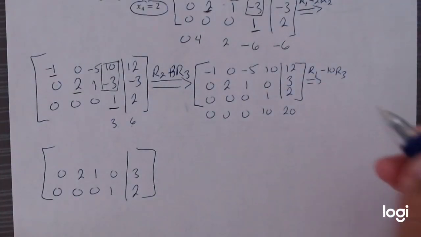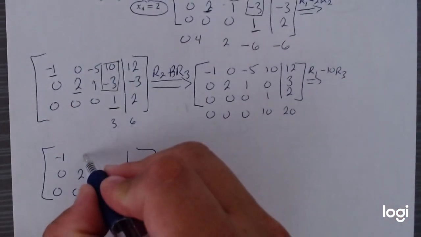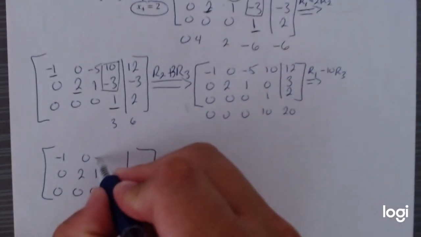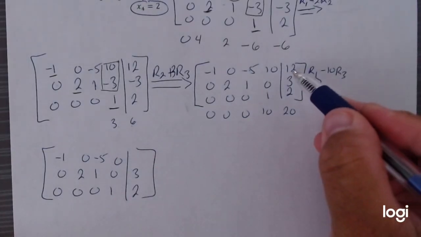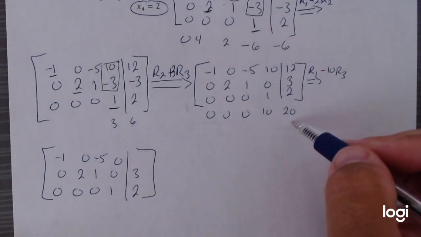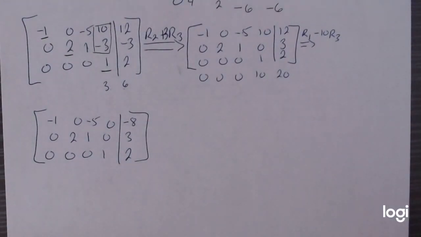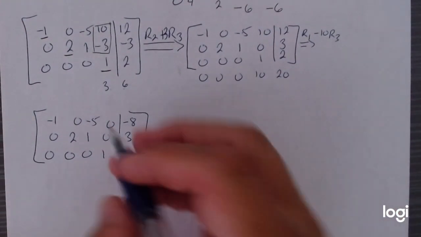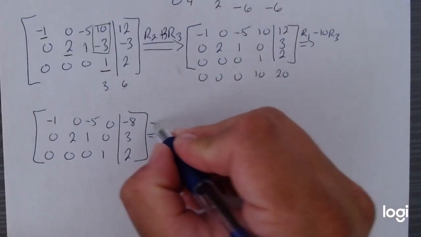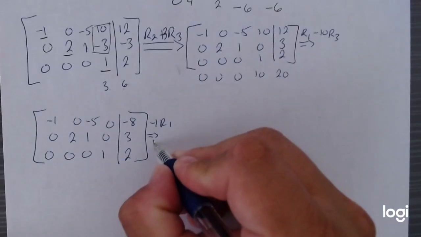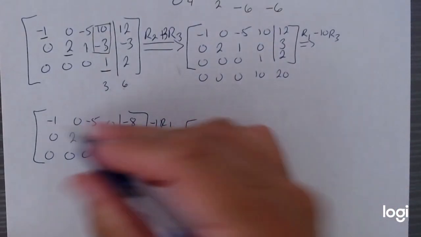So this plus this, oh sorry, minus, well, doesn't matter, it's still 0. 10 minus 10, 0. 12 minus 20 is going to be negative 8. And now it's in row reduced form. Well, almost, right? All I have to do now is divide by 2 and multiply this. So I'm going to multiply row 1 by negative 1 and then multiply row 2 by 1/2 to get my fully row echelon form.